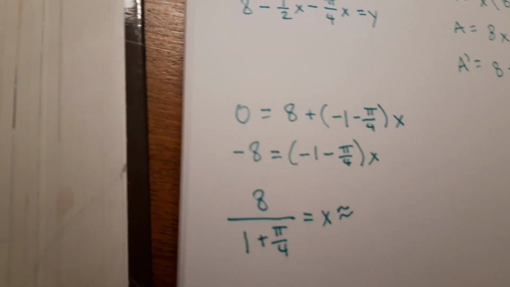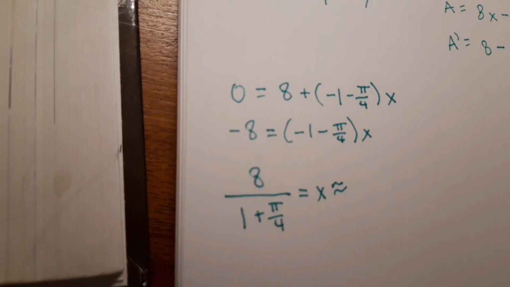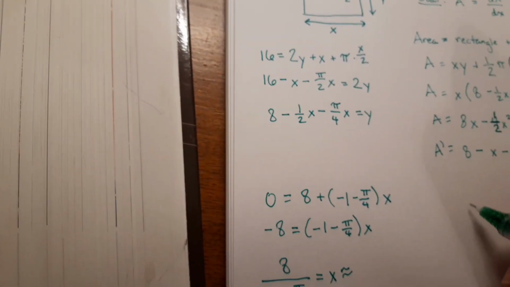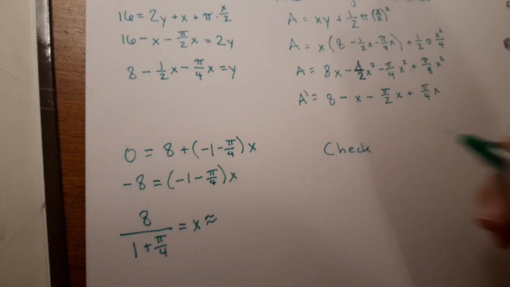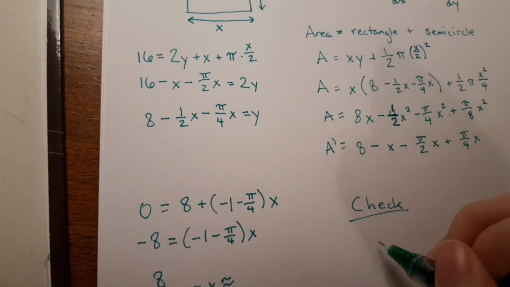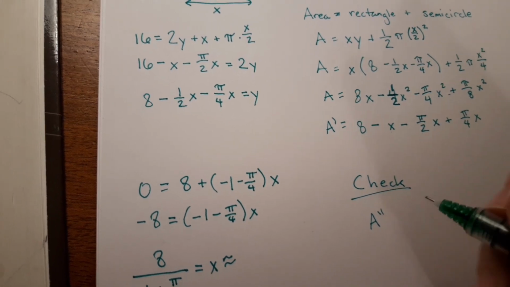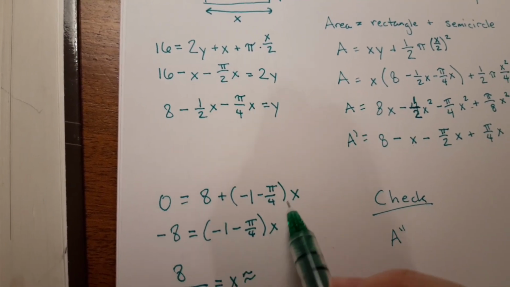And so we can either do a first derivative test or a second derivative test. Since this is such a simple first derivative, let's use the second derivative test. So our check, and we're going to do it with the second derivative. When you take the second derivative, I'm going to use this form of the first derivative.